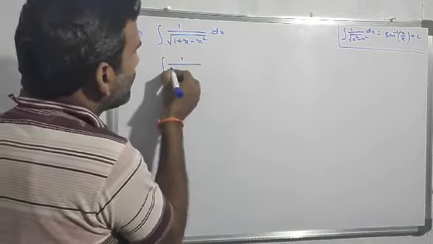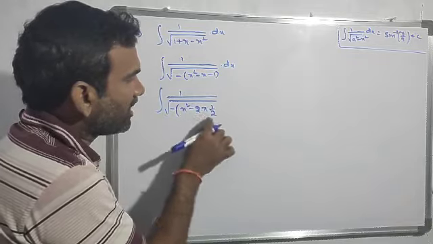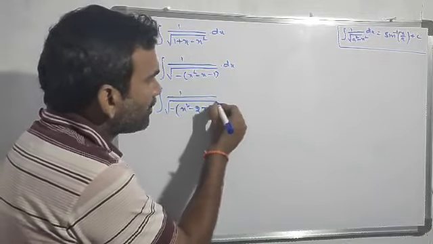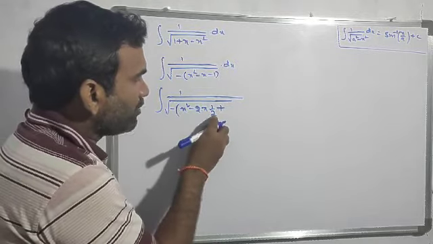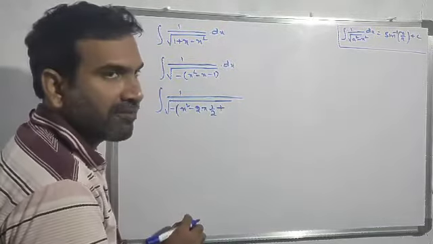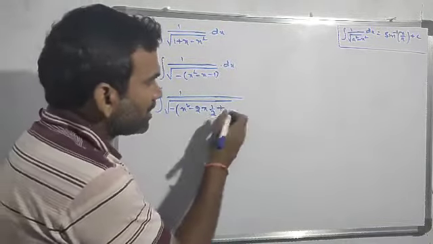That means in this place I am multiplying and dividing by 2. If you observe a square minus 2ab, in the place of b you have 1 by 2. So plus b square minus b square, minus 1 dx.